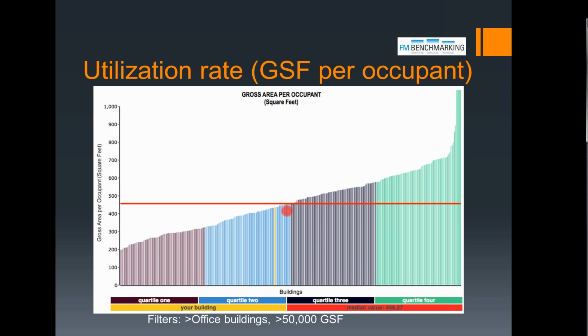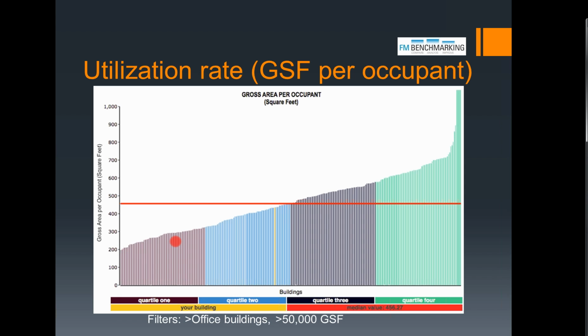We see there's really not too many buildings that are below 200 square feet. We don't have anybody that's really below 200 square feet per person on this graph. Maybe 198 or something. That's pretty tight office standard.